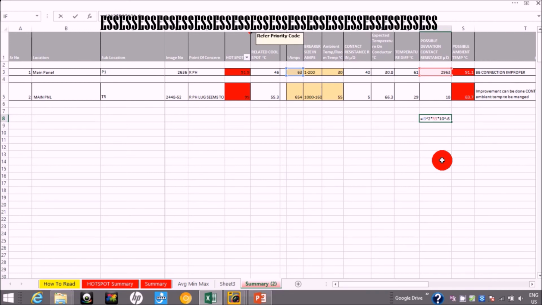The simple I square R losses that we are trying to say here. So 11 watt is continuously dissipated in the form of heat. There is a loss of 11 watt on that particular contact every time.